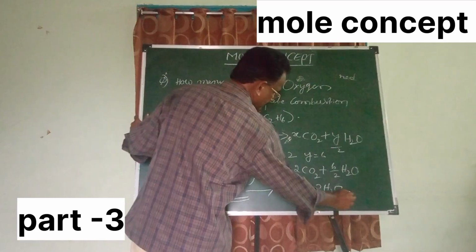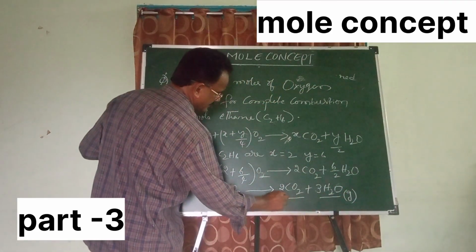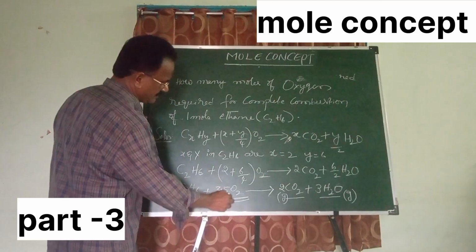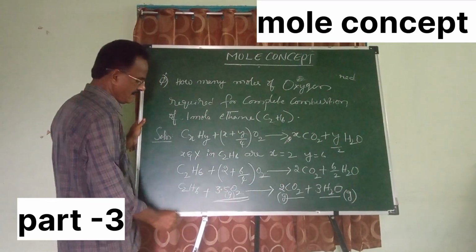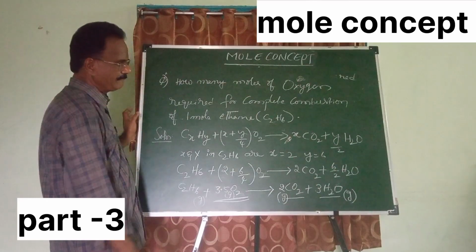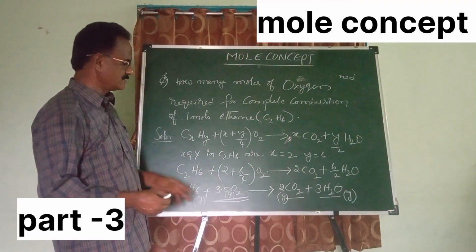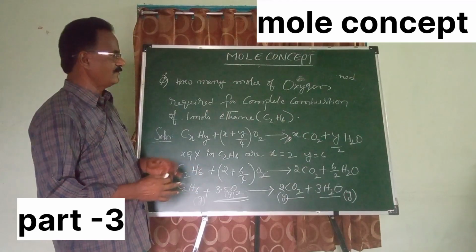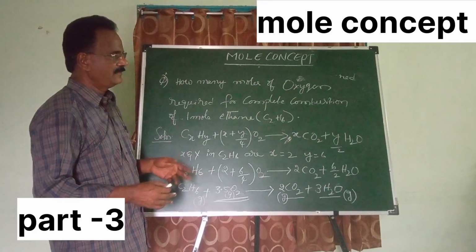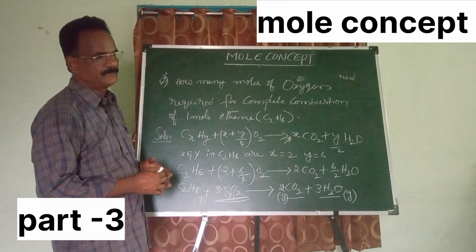Is it clear? Let us write the physical states: CO2 gas, H2O gas, O2 gas, and C2H6 also gas, being a lighter hydrocarbon. So the answer to this question is 3.5 moles of oxygen required for complete combustion of 1 mole of ethane.